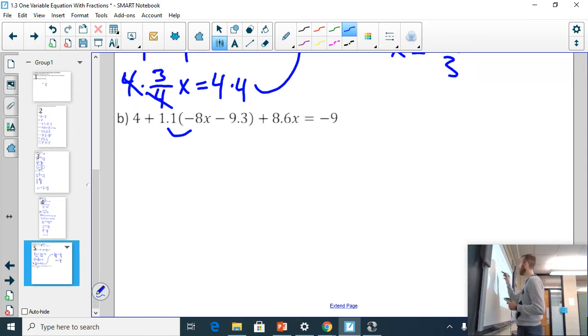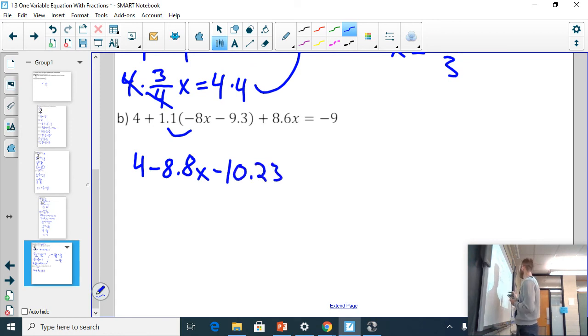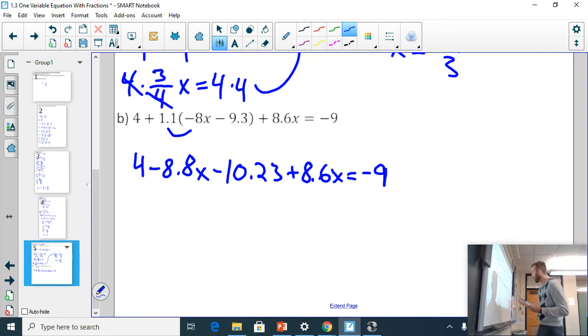So I should do 4 minus 8.8x, and then we have 8.8x. And then 1.1 times negative 9.3 is going to be negative 10.23. And then we have plus 8.6x equals negative 9. Don't let the decimals freak you out. They're just numbers, right?